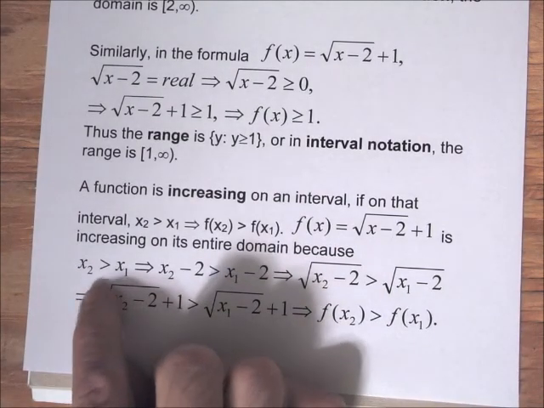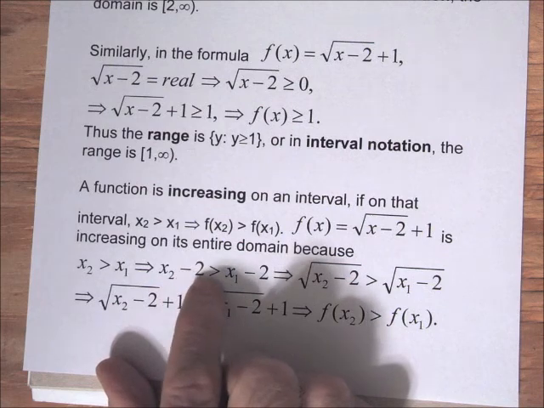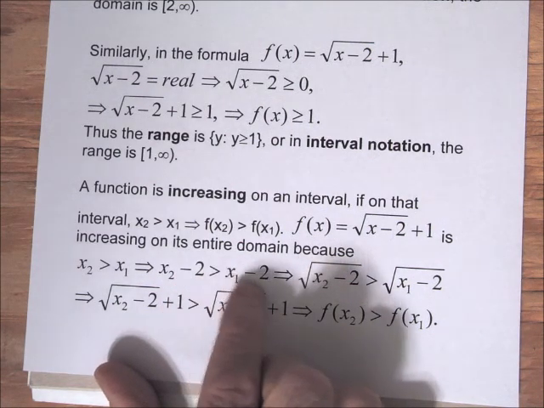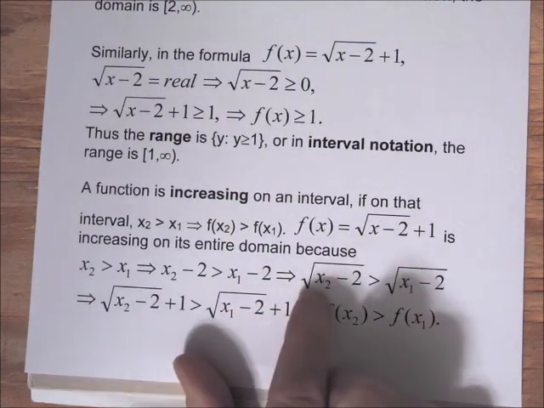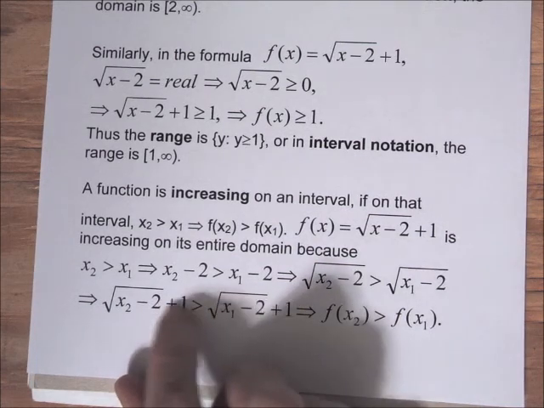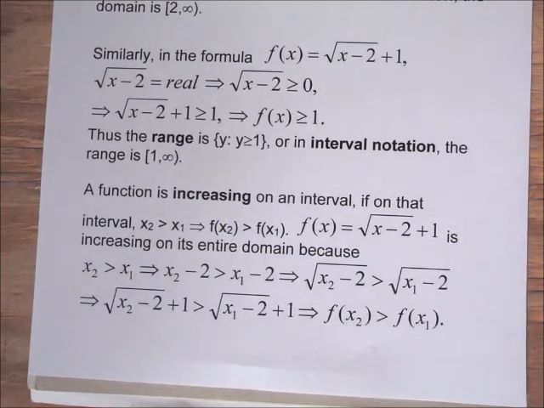Because if x2 is bigger than x1, and you subtract 2, it's still true that x2 minus 2 is bigger than x1 minus 2. If you take the square roots, the inequality still holds. And if you add 1 to both sides, the inequality still holds.